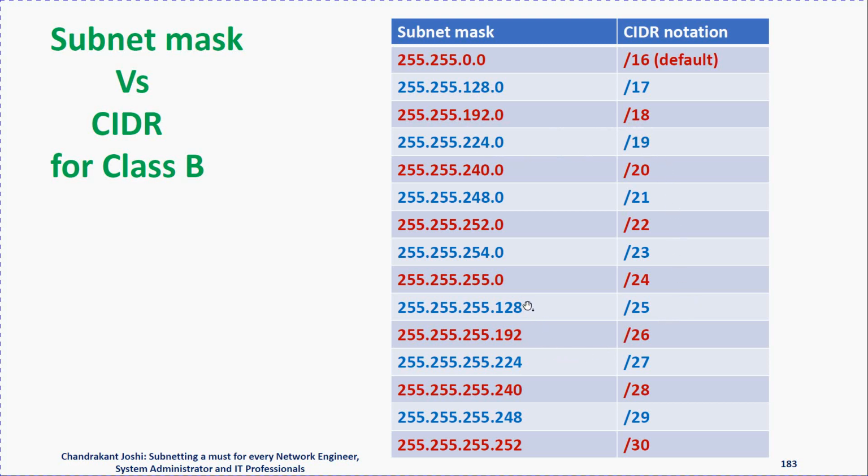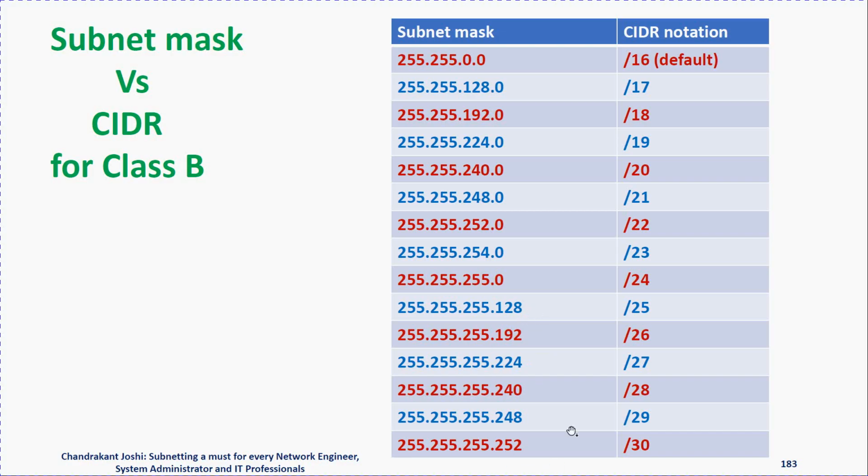If you have a close look over here, you will find that the magic numbers are the same. So in octet 4, when I borrow 1 bit, the magic number is 128. So these magic numbers are 128, 192, 224, 240, 248, 252. The same is over here.